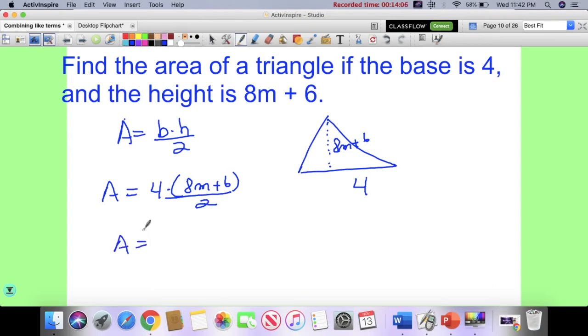We can simplify before we multiply. 2 goes into 2 once, and 2 goes into 4 2 times. Now I can do the distributive property, which is 16m, and then 2 times 6 is 12. And that's the area of my triangle.